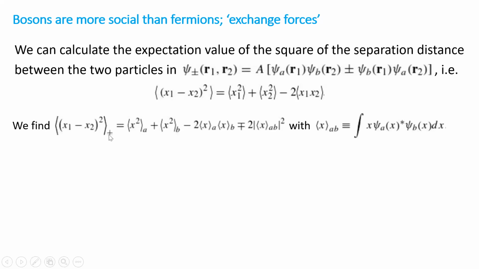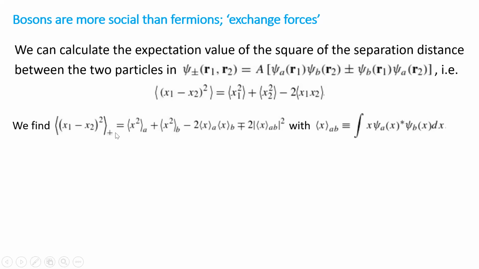For plus and minus, we get the same three terms here: the expectation value of x squared in quantum state A, plus the expectation value of x squared in state B, minus 2 times the expectation value of x in the A state times the expectation value of x in the B state. But now here's where the difference shows up.